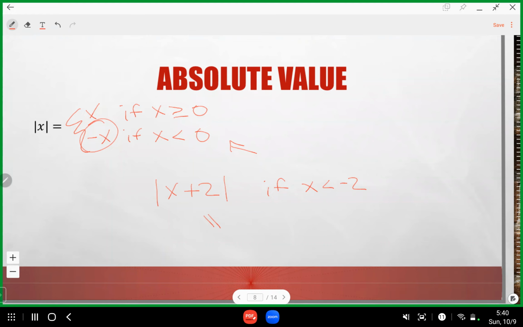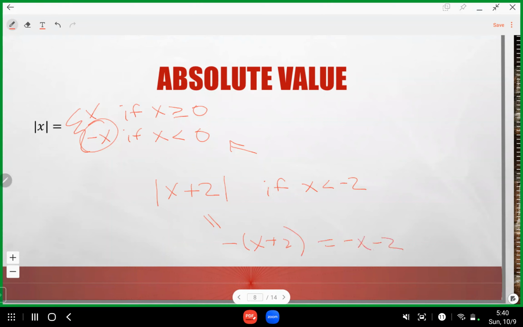Wait, no, I thought it was greater. Never mind. x is negative, so then it's negative of x plus 2, right? Yes, and so it equals negative x minus 2.